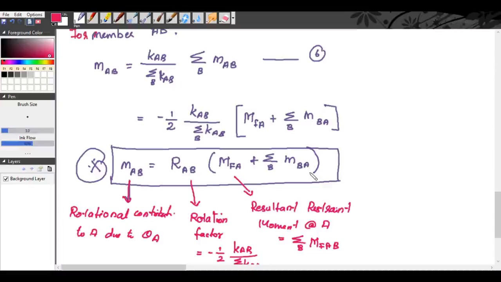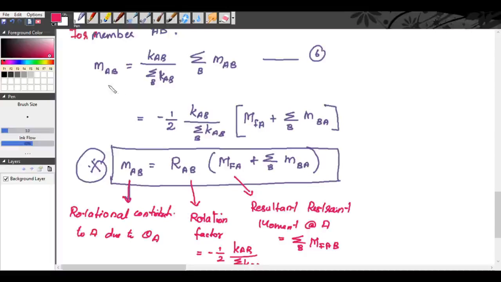And what is MBA? See, this is sigma B into MBA. So, sigma B into MBA means it is the summation of the rotational components at B. Okay.